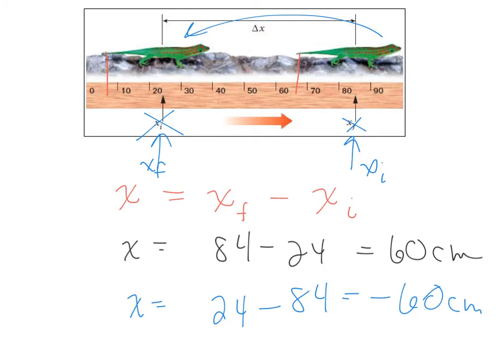It is important to understand the magnitude of the displacement, in this case 60 centimeters, and the direction it is moving. So if I go from right to left, I'm clearly moving in the negative direction that way. If I go from left to right, I'm moving in the positive direction that way. So the direction I move in is important to understand displacement. You have to take into account the negative sign when applicable.